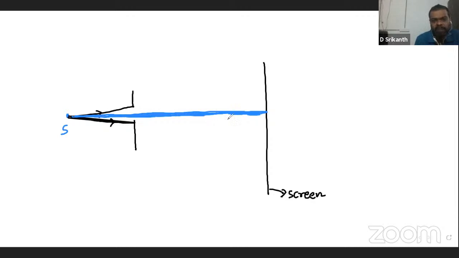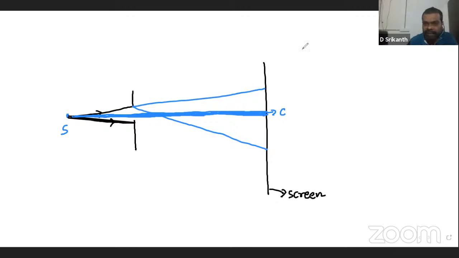So this is called the undeviated ray, which we can also call the central fringe. After diffraction, the light rays will get deviated, like this, and similarly from the other end, like this.